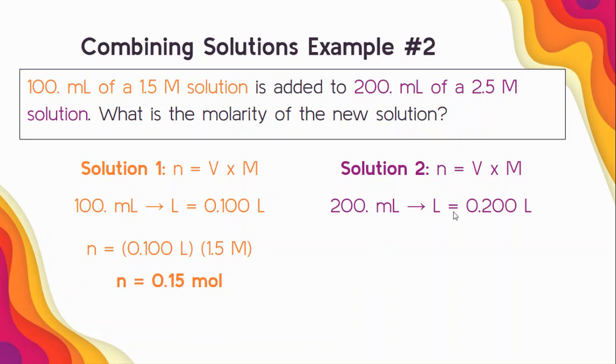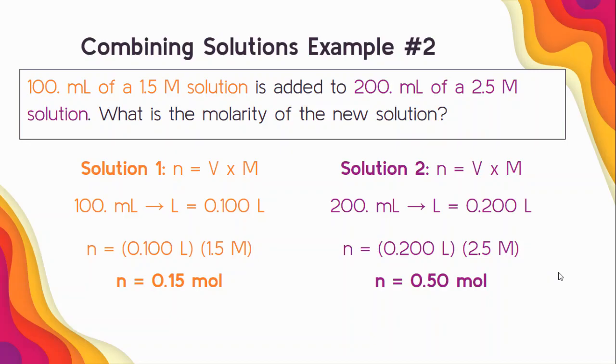Maintaining the 3 sig figs, it becomes 0.200. We can plug that into the equation along with the molarity, and we would find that we have 0.50 moles in solution 2 to proper sig figs because we have 3 here and 2 here. So we should have 2 here.